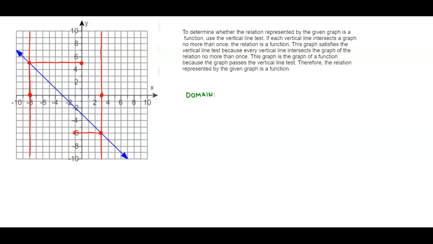If you notice here, along the x-axis, it's going from negative infinity to positive infinity. The way we know that is by the arrows at the end of the graph. That means it continues, so it's continuing from negative infinity to positive infinity. Therefore, this represents the domain.